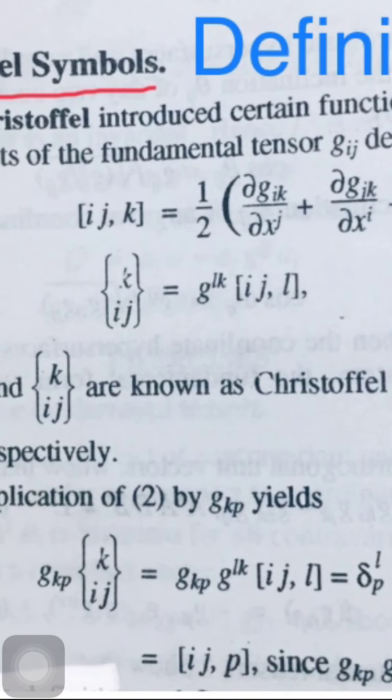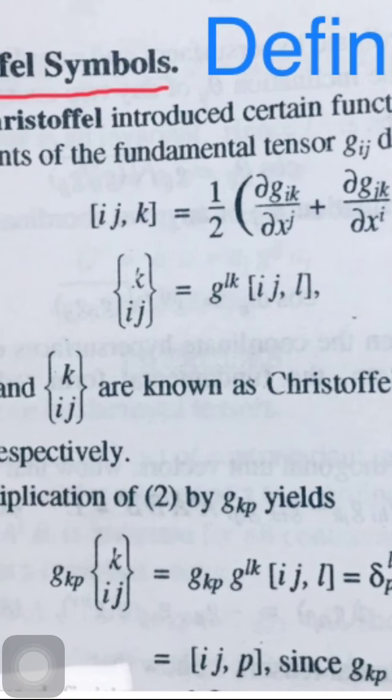So what is the difference you get here? The first and second kind Christoffel symbols are related: in the second equation with g^lk the column symbol is expressed through the row notation, while in this form [ij, p] is equal to g_kp {k over ij}. In both relations they are interchanged, column related with row and row related with column Christoffel symbol.